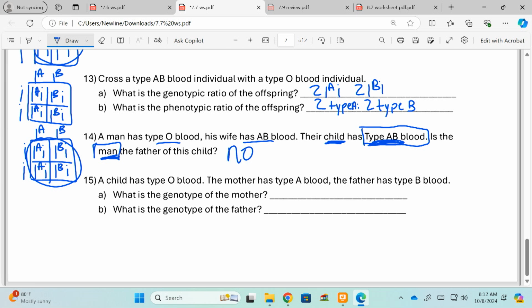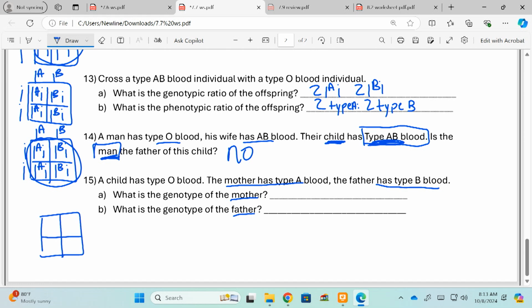All right, great. So I got the last one here for us. It says a child has type O blood, the mother has type A blood, the father has type B blood, okay? What is the genotype of the mother? What is the genotype of the father? Okay, so this is one of those where we know some information, but we don't have all the information that we need. Okay, and it wants us to figure out what the genotypes of the parents are. So here's what we know so far, okay?